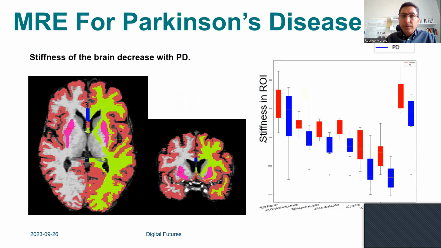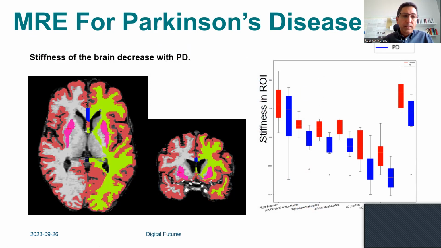For some reasons, we are a bit delayed with the acquisition of the children's data, but we have other projects where we are also acquiring MRE. So I'm presenting here the results for the project that we have with Parkinson's disease.